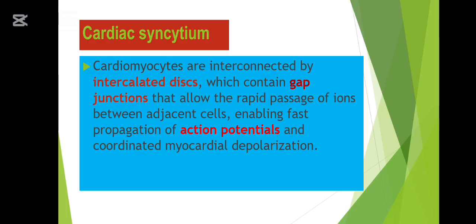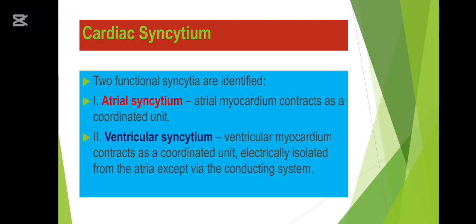So even the heart contains electrical synapses, because gap junctions allow the rapid passage of ions between adjacent cells, enabling faster propagation of action potentials and coordinated myocardial depolarization.